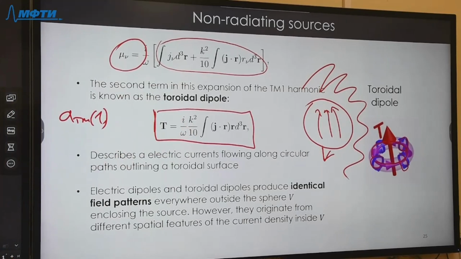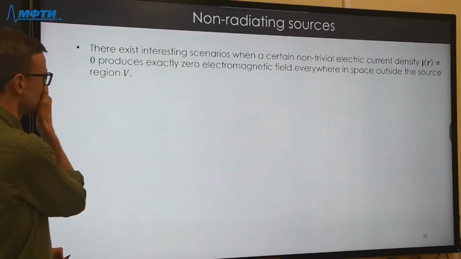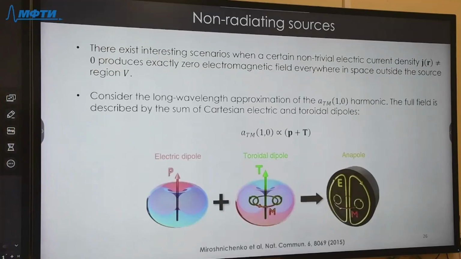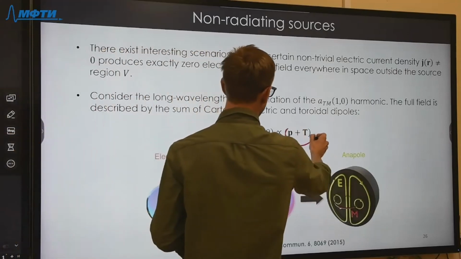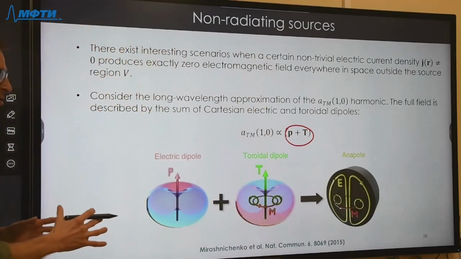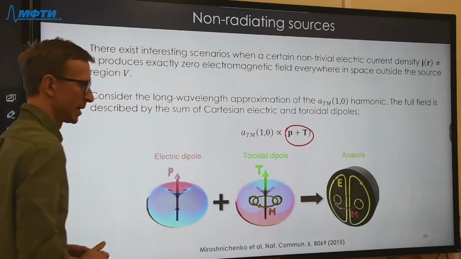And that leads us to a very interesting possibility. It leads us to the possibility of non-radiating sources. So in this particular example of electric dipole and toroidal dipole, imagine that we have a certain combination of electric dipole and toroidal dipole. And as we just saw, the full amplitude of the corresponding spherical harmonic is described simply by the algebraic sum of these two.